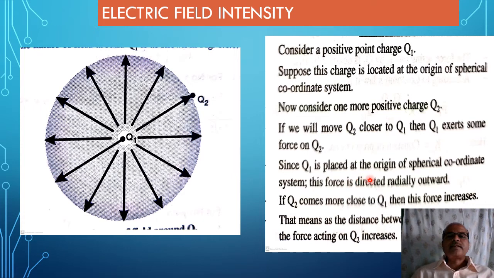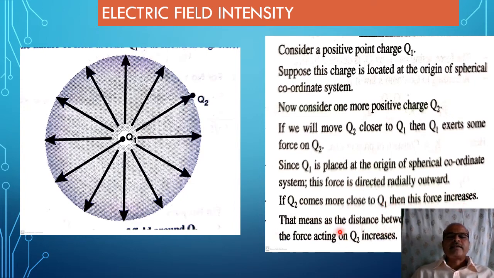Since Q1 is placed at the origin of the spherical coordinate system, this force is directed radially outward, as shown in this figure. If Q2 comes even closer to Q1, then this force increases.